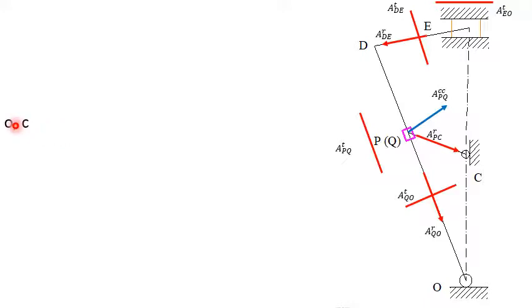Out of this PC, C is known. Therefore, from point C parallel to this, draw a line. The length of this line CP is 9.315, and this line's end point we are going to name as P. So location of this radial acceleration is over.